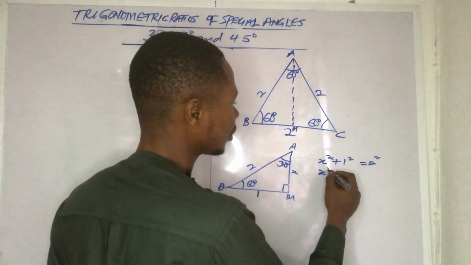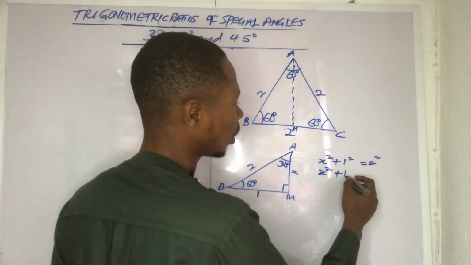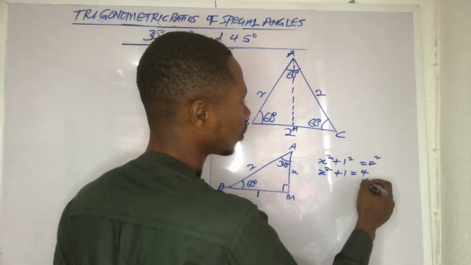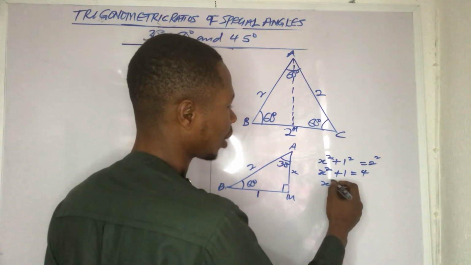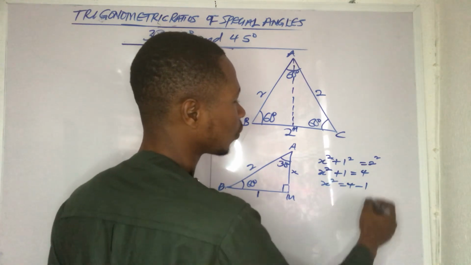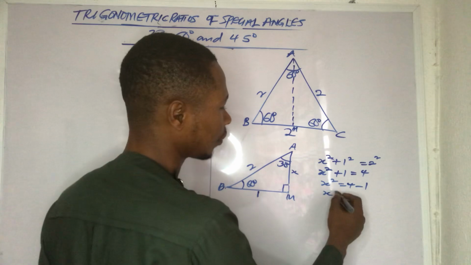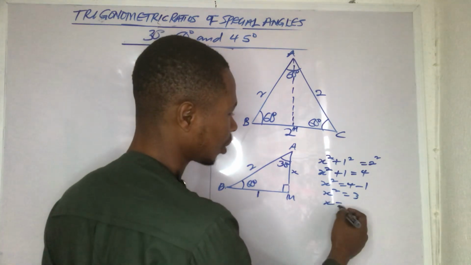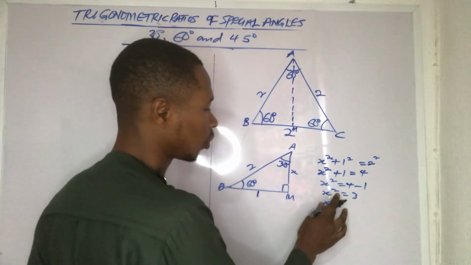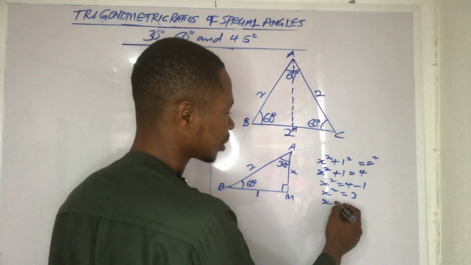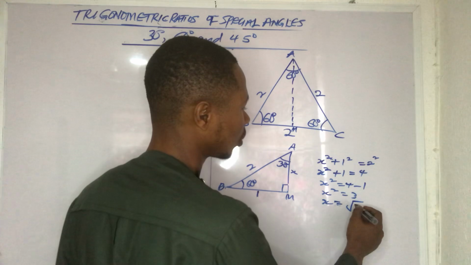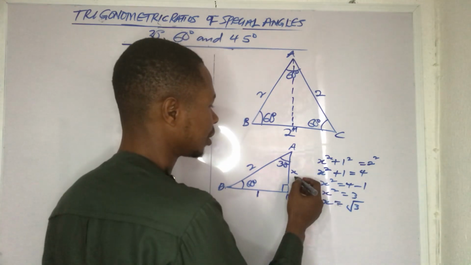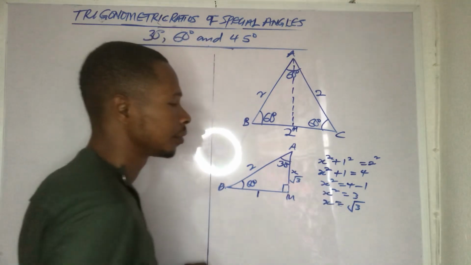So I have x squared plus 1, and 2 squared is 4. Collecting like terms, I have x squared is equal to 4 minus 1. Then x squared is 3. Taking the square root of both sides, x will be equal to square root of 3. That means this side is root 3.